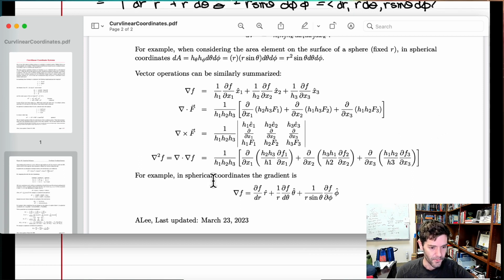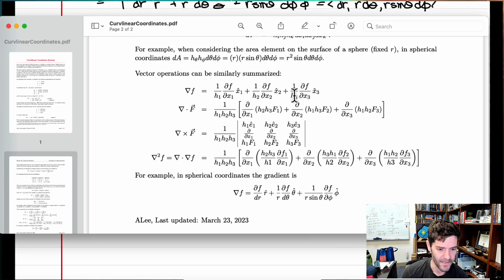In spherical coordinates, for example, for the gradient, the scale factor h1 is unity, so it's 1 over 1 partial with respect to r in the r direction. The scale factor in the theta direction is r, so it's 1 over r partial with respect to theta in the theta direction.